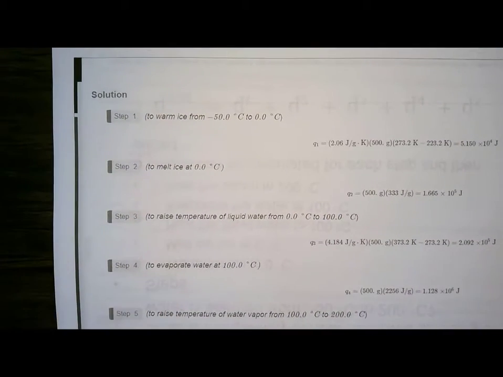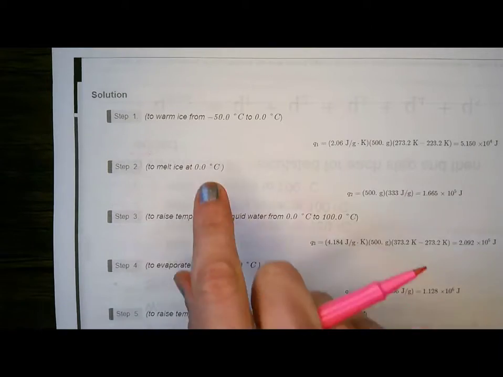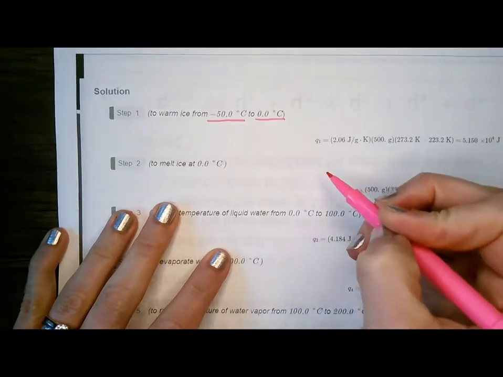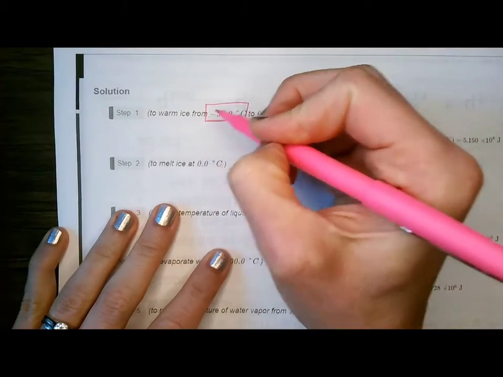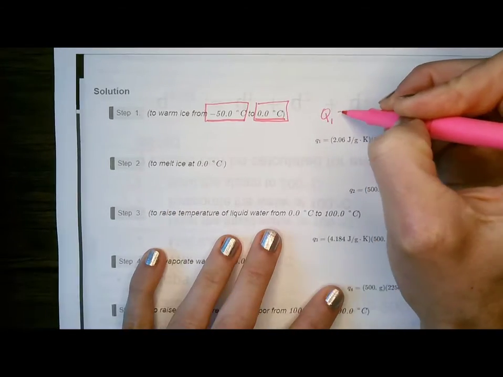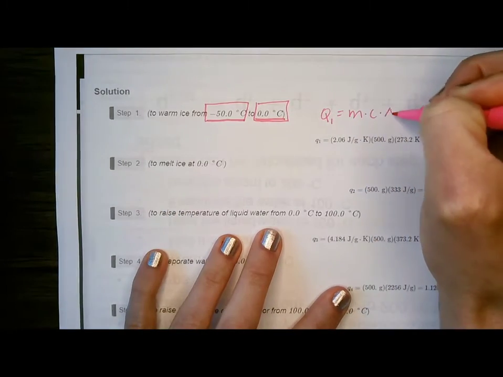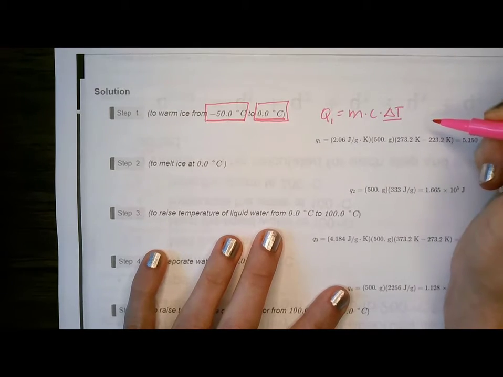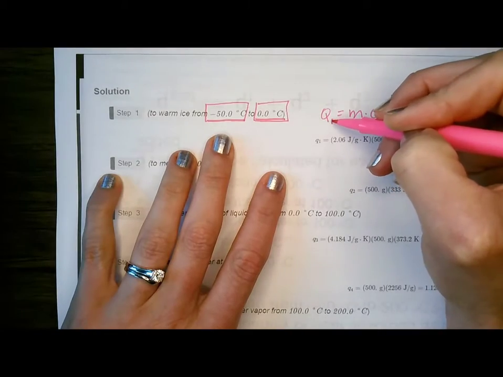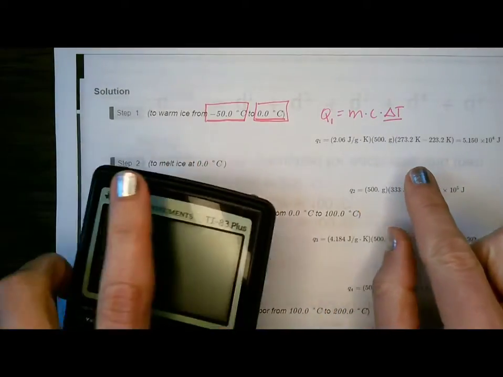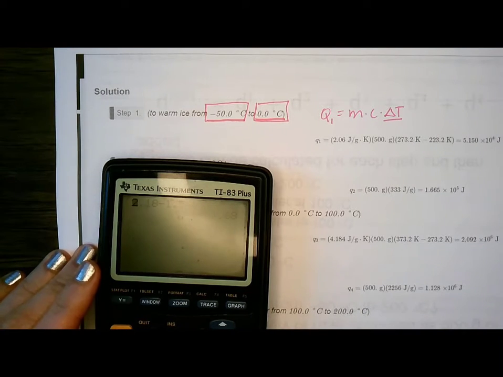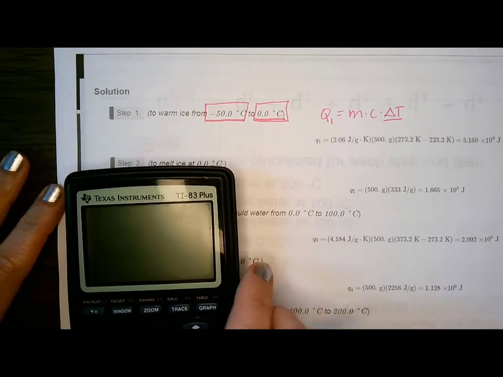So let's look at these piece by piece. To warm the ice from -50 to 0, notice that there is a change in temperature here. So we're going to use that equation for, we'll call it Q1: M times C times delta T. Whenever there's a change in temperature, we can use our Q equation that we're used to with M times C times delta T. Now, in the book, they converted it to Kelvin, but we know that 1 degree change in Celsius is equal to 1 degree change in Kelvin.